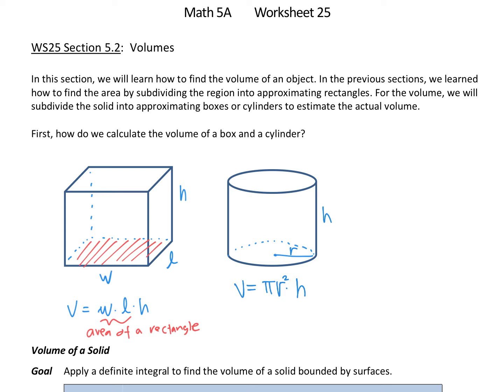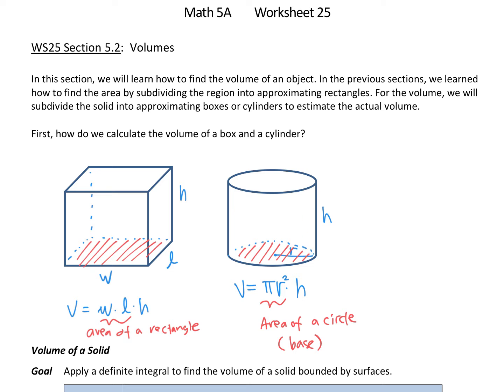You can notice that we can look at this part, the circle part. This part is the area of a circle at the bottom, right? The base. So here we have area of the base times height for the box. Area of the base, which is pi r squared, times height.